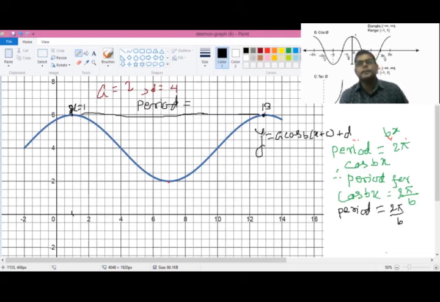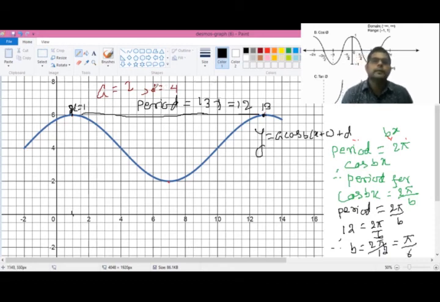From 1 to 13 is 13 minus 1, which is 12. That means the period in this case is 12, equal to 2 pi by b, and therefore the value of b is 2 pi over 12, that is pi by 6. So we now have the value of d and the value of b also.